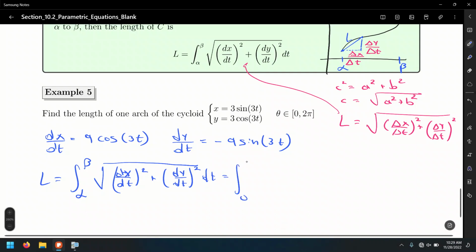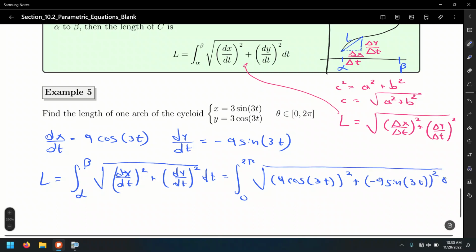So that's the integral from 0 to 2 pi of the square root of the quantity 9 cosine 3t squared plus negative 9 sine 3t squared, dt. Let's simplify the quantity inside of the radical.